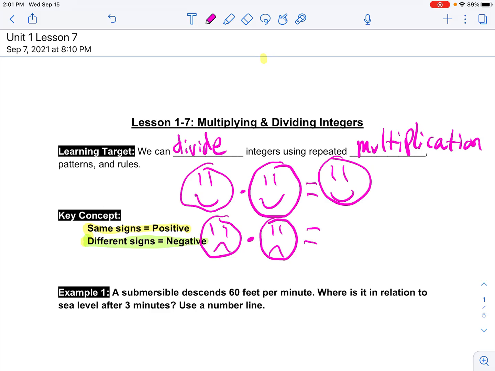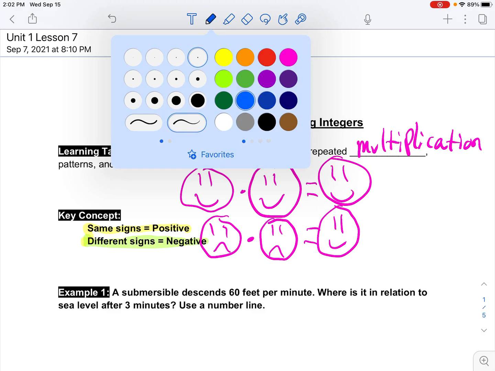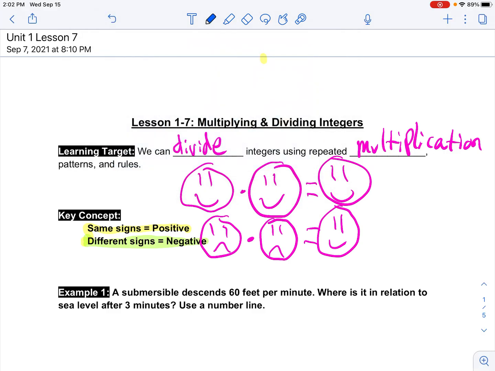And because they're both sad, they're going to eventually be happy because they enjoy being in each other's sadness. So that's like saying a positive times a positive equals a positive. Okay? Positive times positive equals positive. Or negative times negative equals positive.